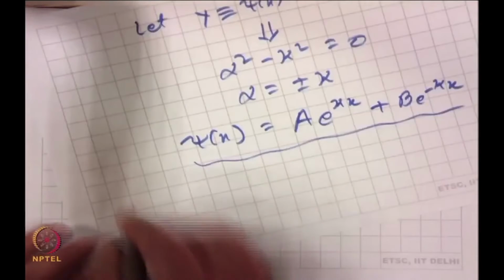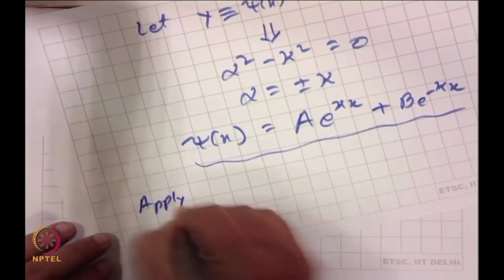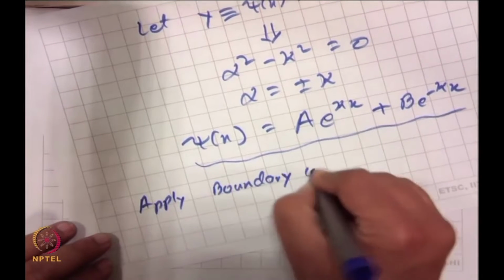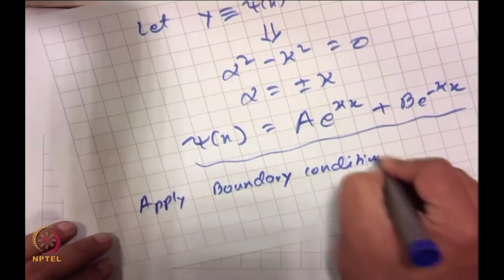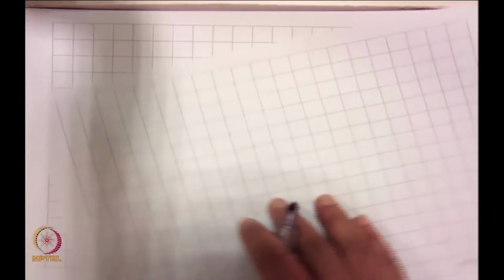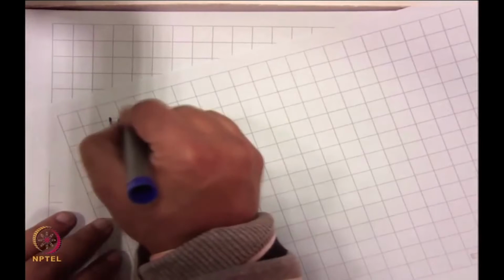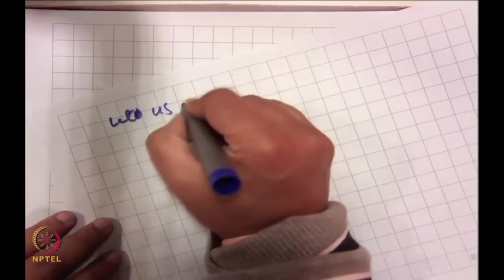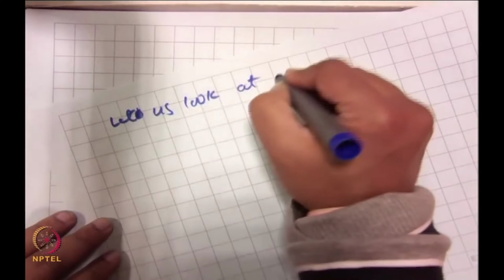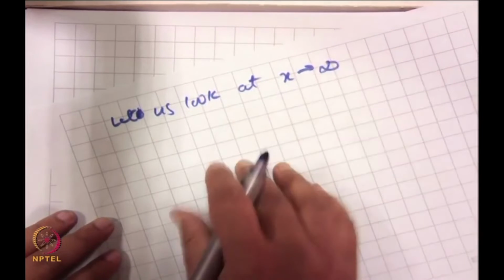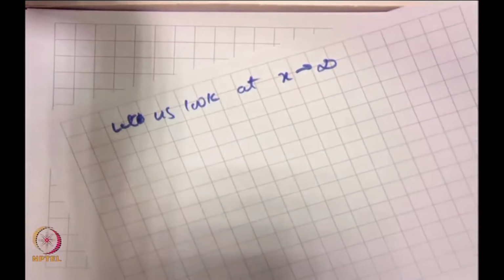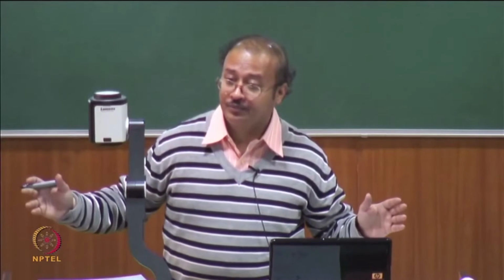Boundary conditions. So, let us apply boundary conditions. Once we apply boundary conditions, the stuff we get is this. So, let us look at x tending to infinity, and if x is tending to infinity, that means you are going far and far away from your plate.